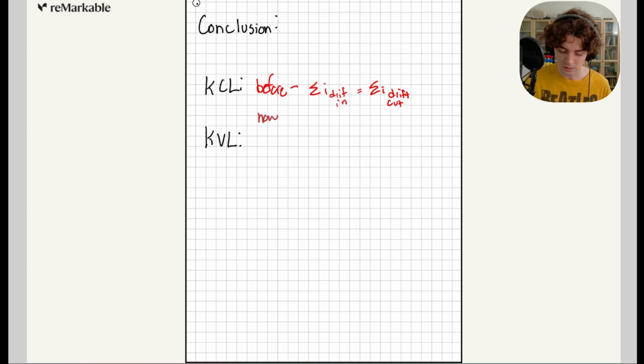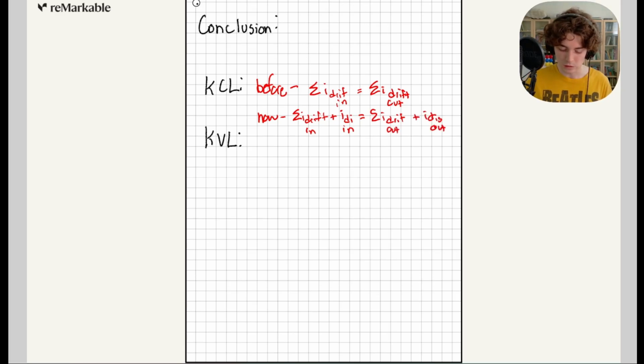Now, with our new knowledge, we can say that it isn't just the drift we have to worry about, it's also the displacement. So our drift in plus our displacement current in has to equal our drift out plus our displacement current out.